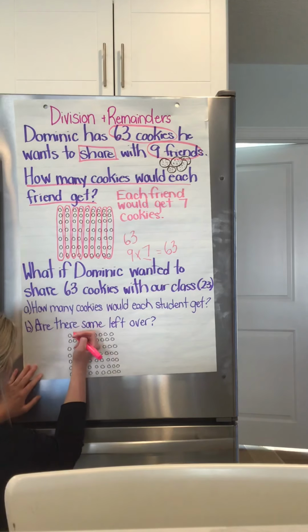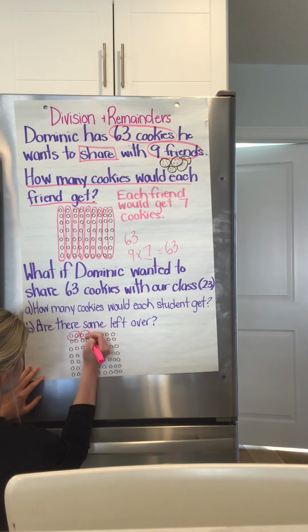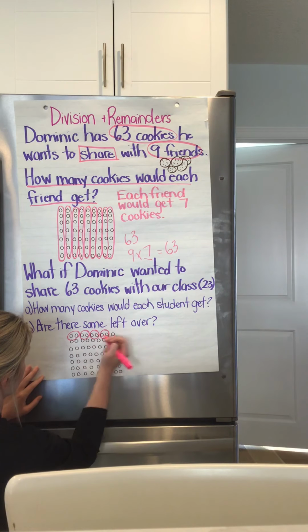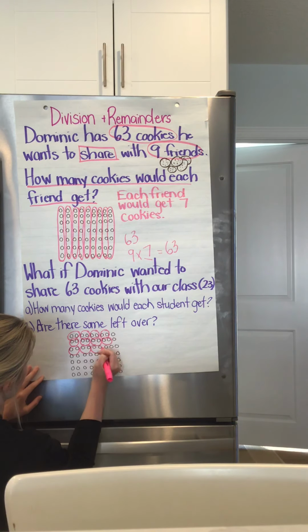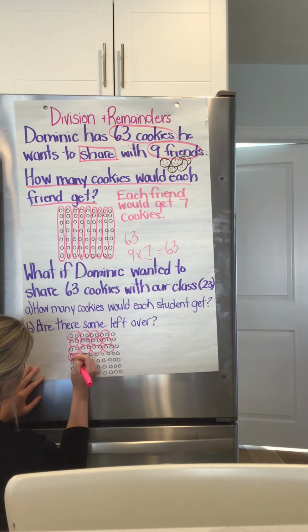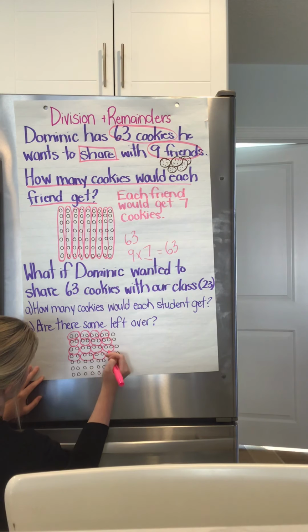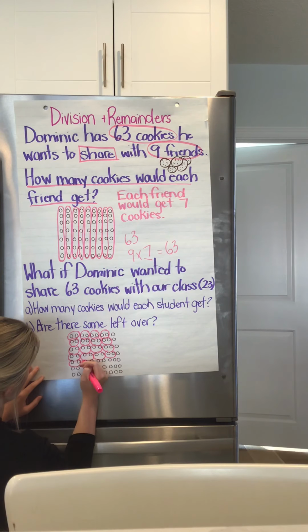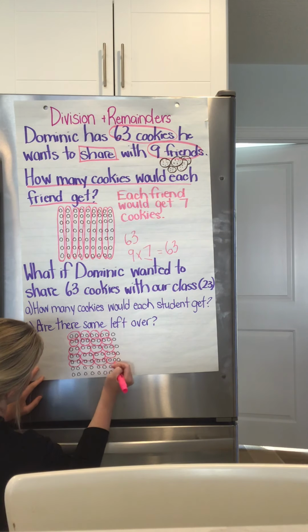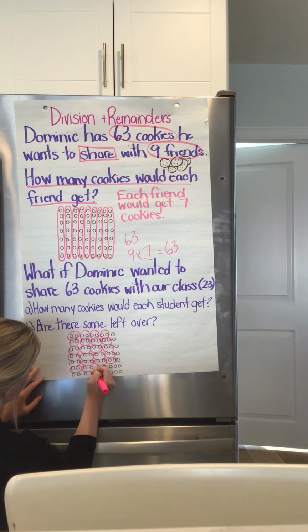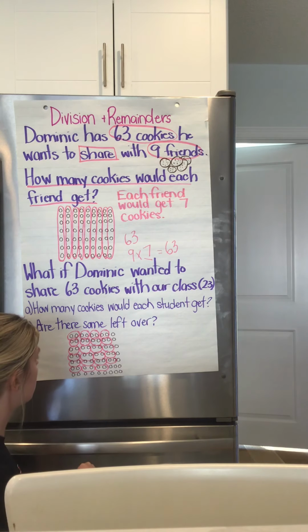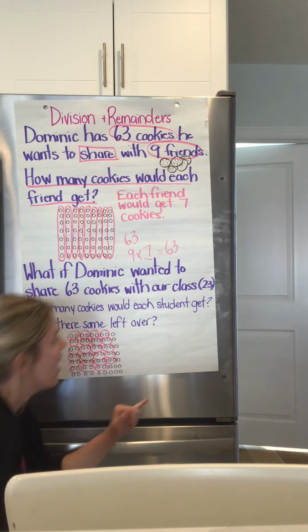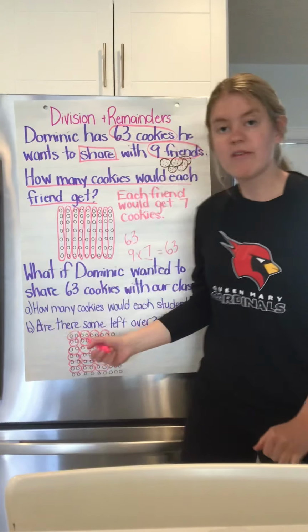All right, so I'm going to start with 2. 1, 2, 3, 4, 5, 6, 7, 8, 9, 10, 11, 12, 13, 14, 15, 16, 17, 18, 19, 20, 21, 22, 23. Okay, so here are 23 groups.